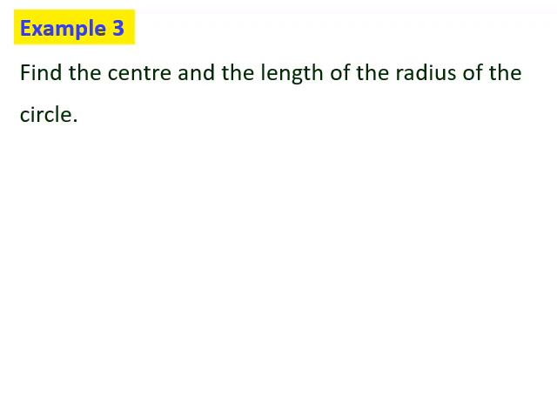Now let's look at example 3 here. Find the center and the length of the radius of the circle x^2 + y^2 - 2x + 2y = -1.